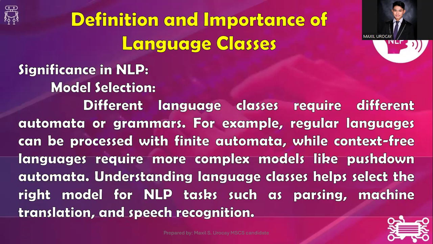So understanding language classes helps select the right model for NLP tasks such as parsing, machine translation, and speech recognition. So in this class, we rely on understanding language classes, as different classes require different models. For example, regular languages can be processed efficiently with finite automata, while context-free languages need more complex models like pushdown automata, which we were not able to discuss in our automata period, helping to choose the appropriate model for parsing, machine translation, and speech recognition.